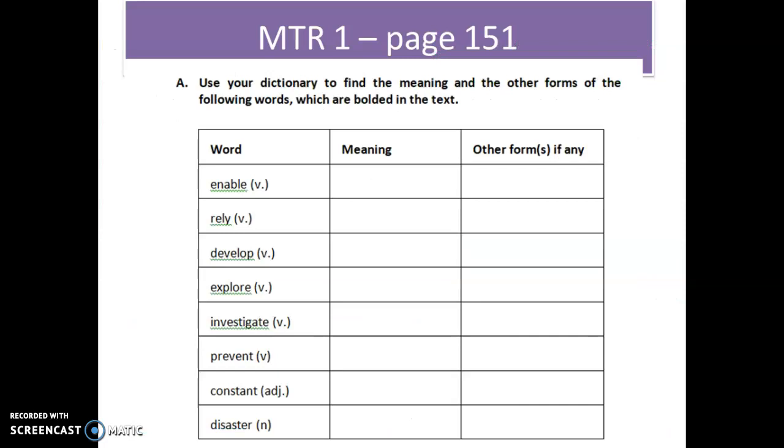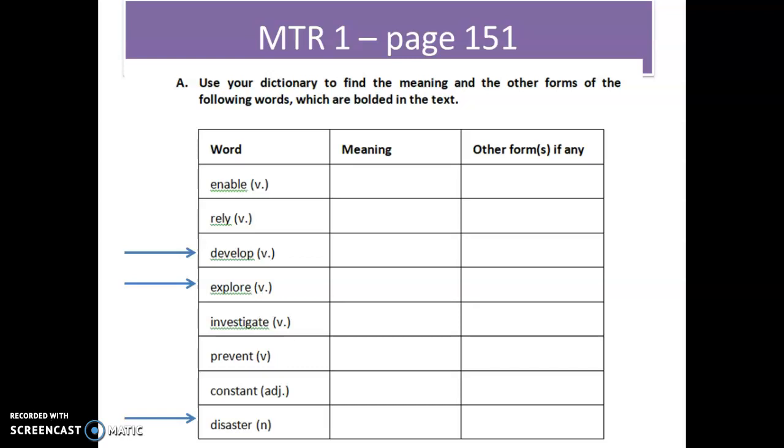Okay, so we have looked at some words together. This is on page 155. It's a table. We have discussed all the meanings, but we haven't looked at these three words. If you don't know these words, please stop the video and have a look for their meaning.